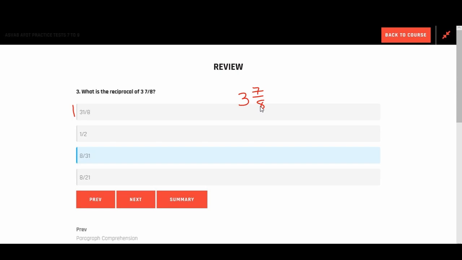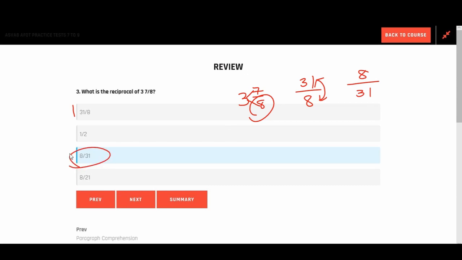To do that, multiply 3 by 8, which is 24, and then you add 7. 24 plus 7 is 31. You put that all over the same denominator, which is 8. The reciprocal basically just flips these. So this is going to be 8 over 31, which is right there.